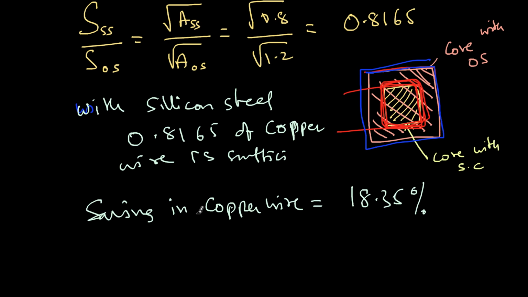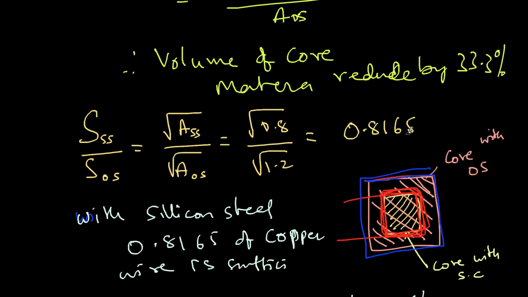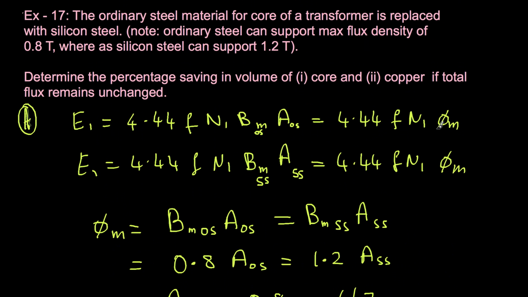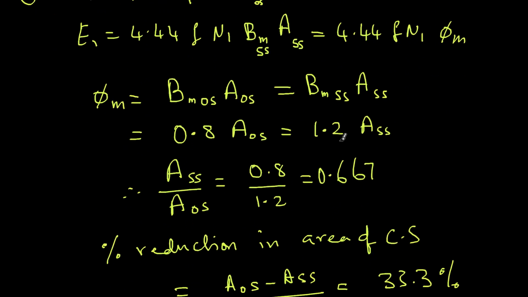So this is the benefit. If you take any transformer and replace the inefficient core by an efficient core, meaning the one which can handle more flux density, then it is going to be a better thing. So while designing a transformer, you should choose the materials which can support the maximum flux density.